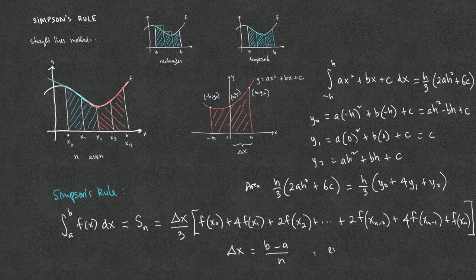The pattern inside the sum is 1, 4, 2, 4, 2, dot, dot, dot, and we end with 4, 1. That is 1, 4, 2, 4, 1, or 1, 4, 2, 4, 2, 4, 2, 4, 1, and so on. There is a symmetry there.